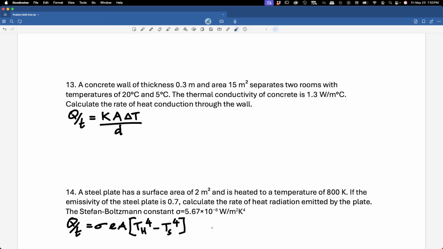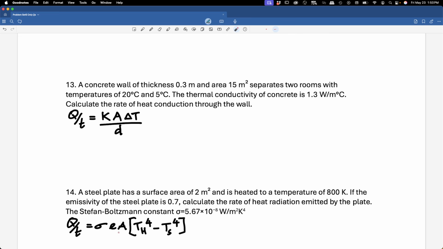Remember that. Whenever this formula is used, temperature has to be in Kelvin. Now, the area in the formula is the surface area, which is given, because it's a steel plate. You know what a steel plate is, don't you? So you have to take the area of the whole surface like this. See the area.